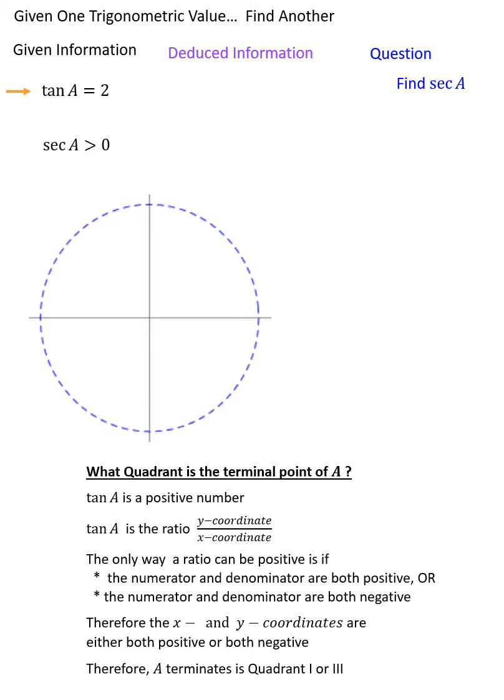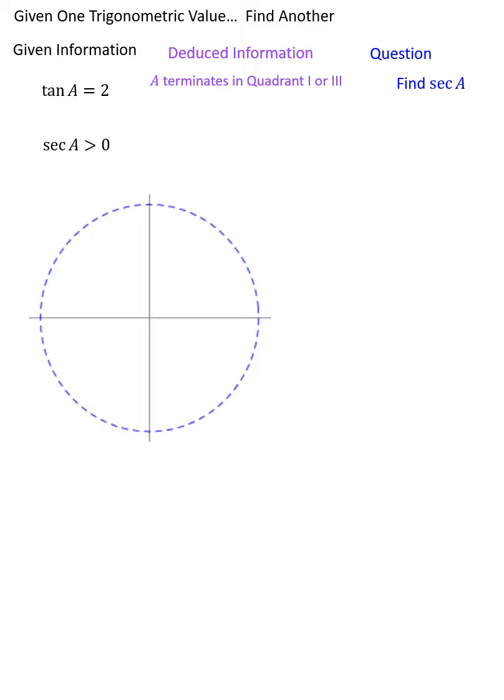And so far, just from the fact that the tangent equals 2, I can deduce that A must terminate either in quadrant 1 or quadrant 3. If you need to hit pause, now might be a good time to review this logic before we go any further. And so, hopefully, you've convinced yourself that based on the fact that the tangent of A is 2, A must terminate in quadrant 1 or 3.